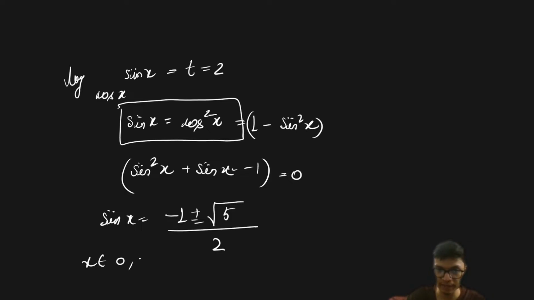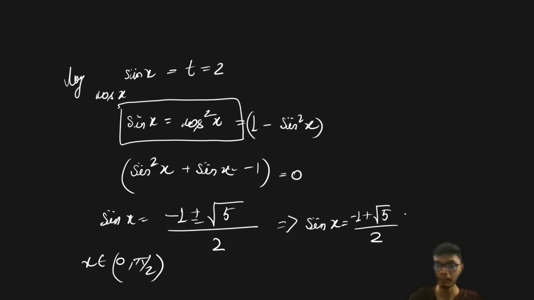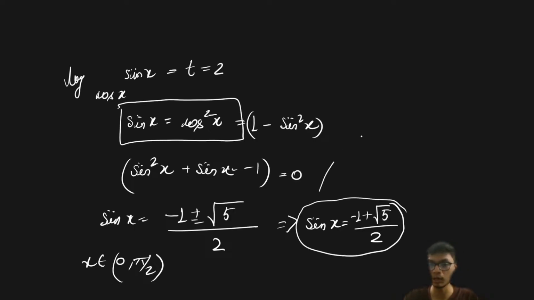Now since x is between 0 to pi by 2, sin x should be positive. So therefore the only solution of sin x should be equal to minus 1 plus root 5 by 2, right?